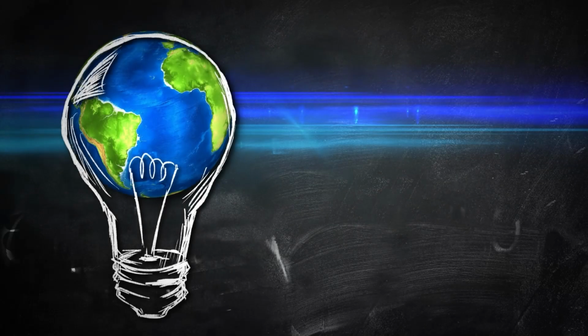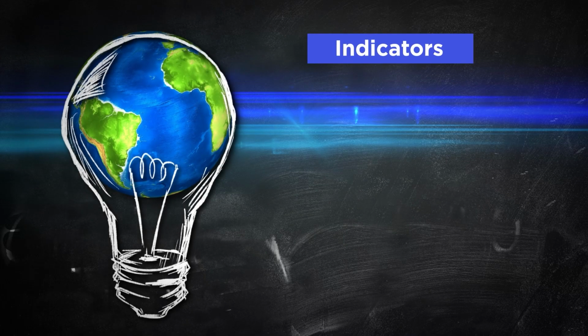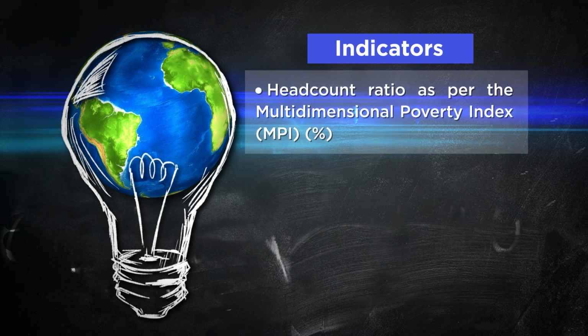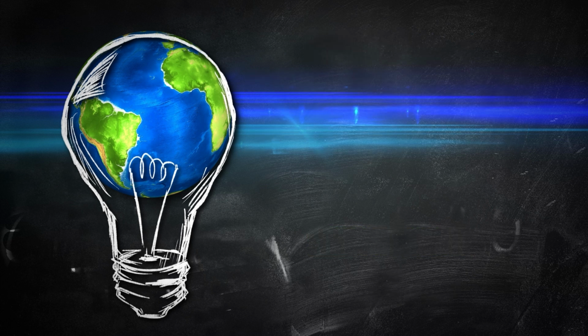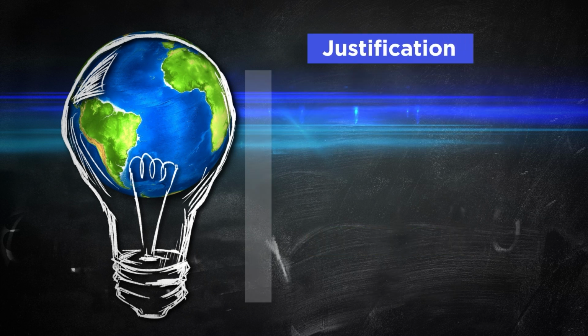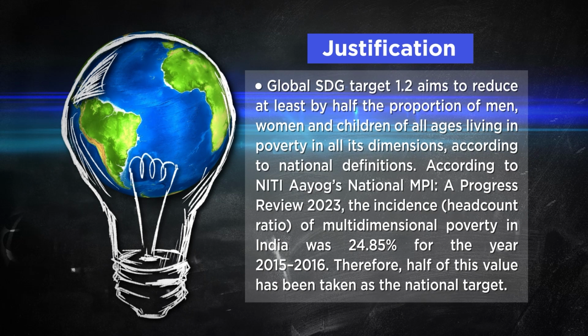Now, why are we implementing different indicators? Some of the justification: we implement the headcount ratio per the MPI in percentage. Our target is 12.425. Why? Because if you look at global SDG target 1.2, this aims to reduce at least by half the proportion of men, women, and children of all ages living in poverty in all its dimensions according to national definitions.